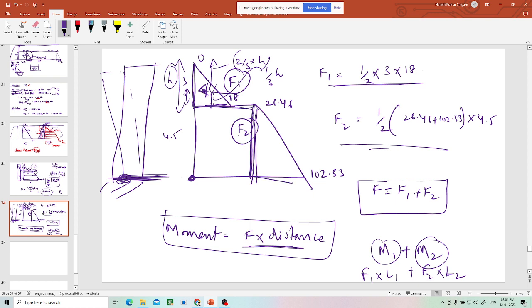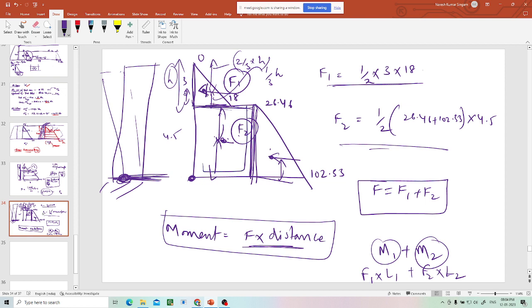Okay, you can calculate this as force 2, this as force 3. This force will be applied at the center, exactly in the middle, because it is a rectangle. This force again will act at 1 by 3 from the bottom. So like that, F1, F2, F3, you can find out forces.